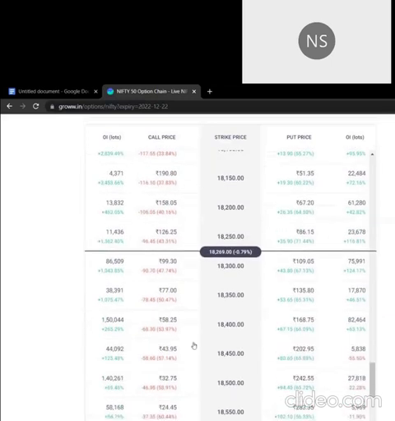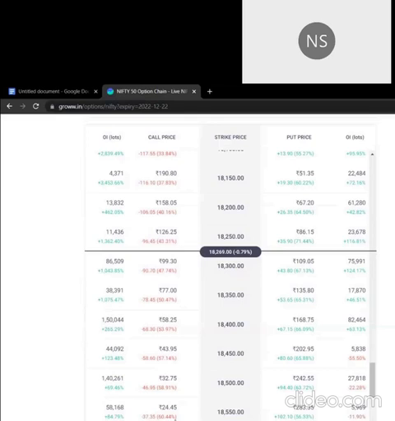Similarly, in the case of call options, someone who is interested in buying a call option won't be buying an 18,500 strike price call option just 1 to 2 minutes before the expiry, because we don't expect the market to go up by 250 points either.